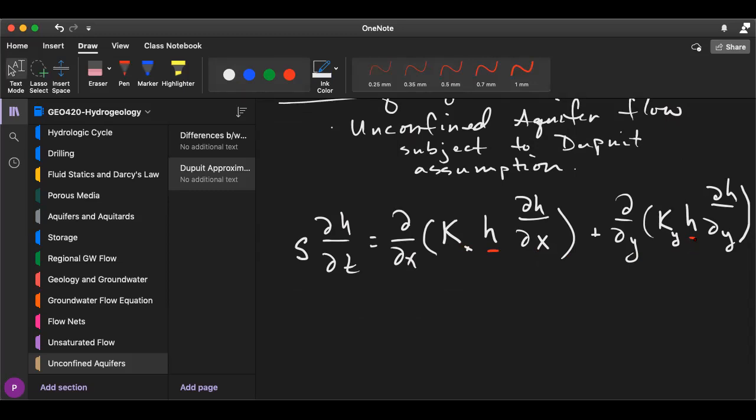It's only x and y. And recall that S was the specific yield plus the specific storage times the height of the aquifer.